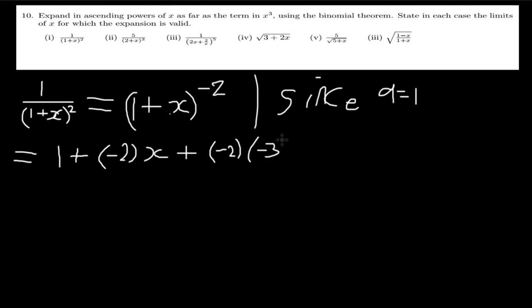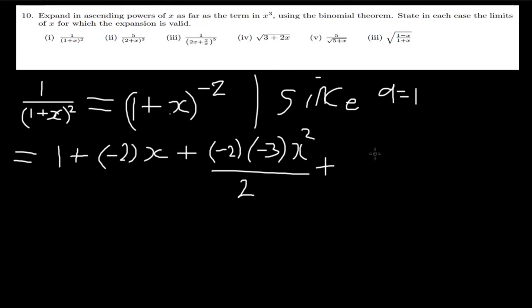I'll write it there, and then my value of x, this time around it will be squared, and then over 2 factorial. So 2 factorial is just the same as 2 times 1, which is just 2, and then I'll write plus there. Again, I'll go on to the next term, since I've not reached x to the power 3, which is in the question here.